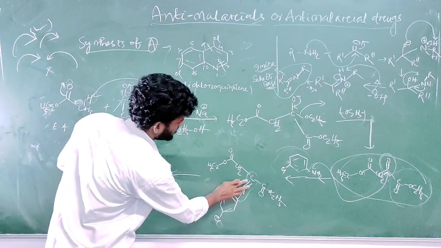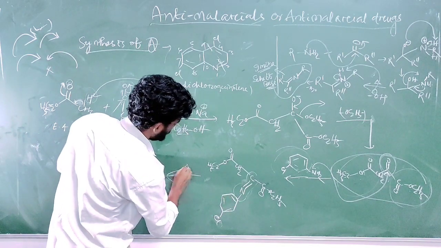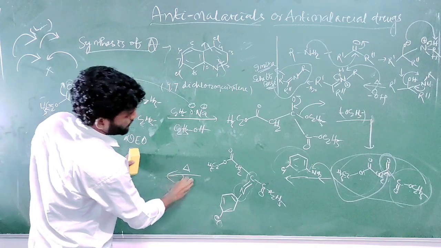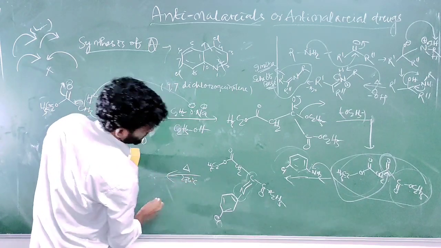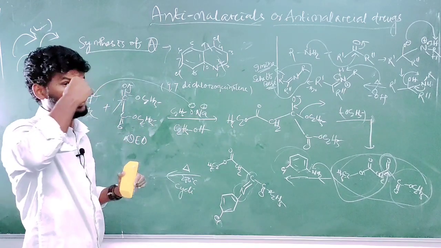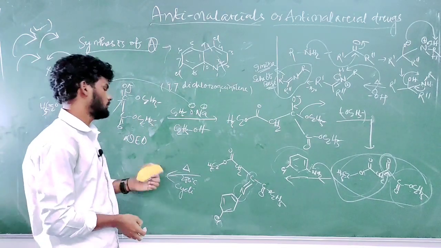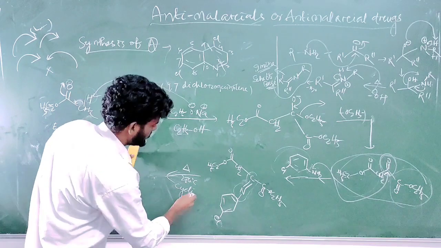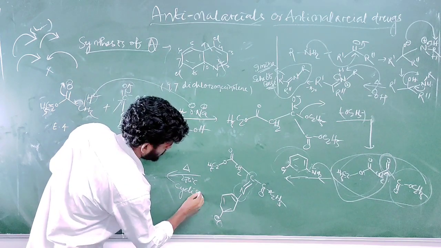At the next step, let us suppose we are giving heat, 250 degrees Celsius. So cyclization takes place. If a large molecule is not stable, it will undergo cyclization for its stability.